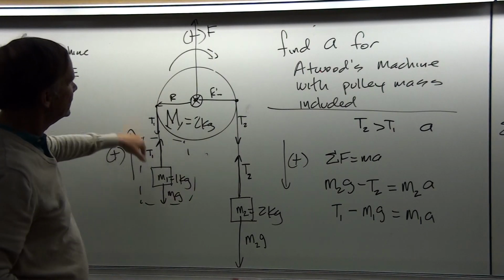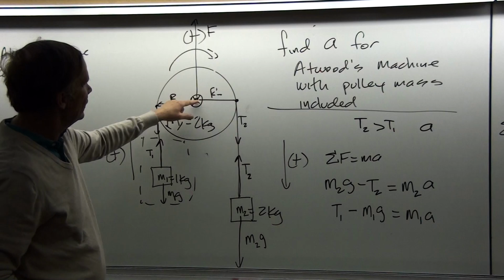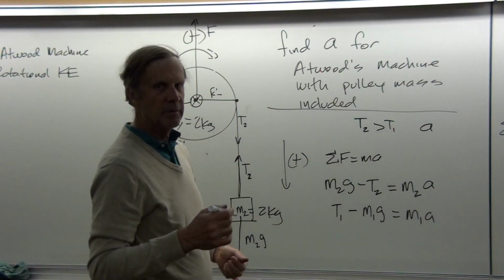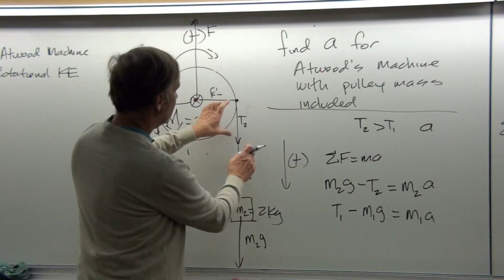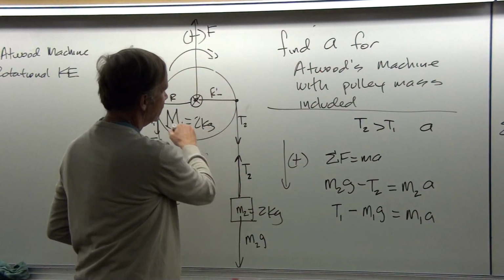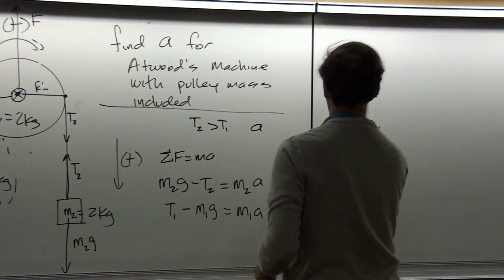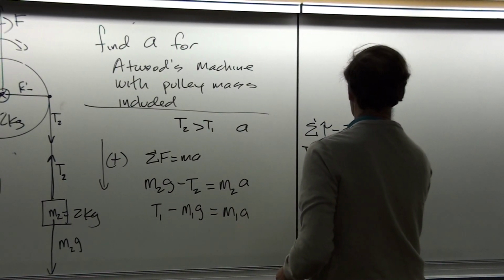Okay, so T1 is creating a counterclockwise torque, but T2 is creating a larger clockwise torque. Since we're defining the positive direction being the direction of motion, that's in the direction of the clockwise torque, T2R. So we can write this then as T2R minus T1R equals I.